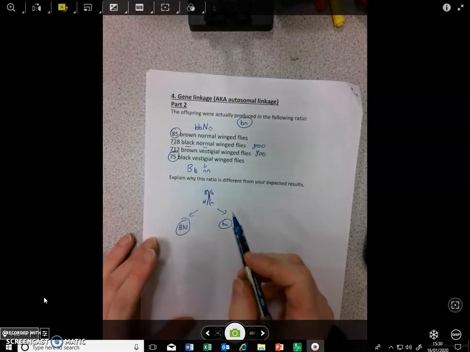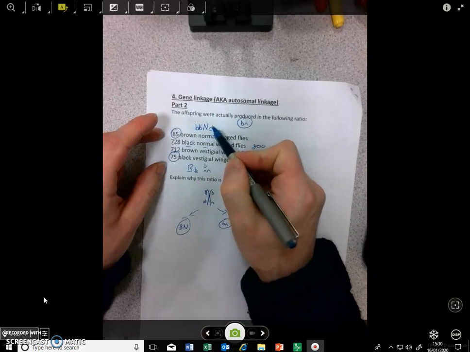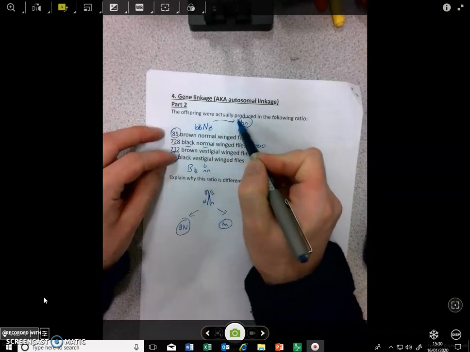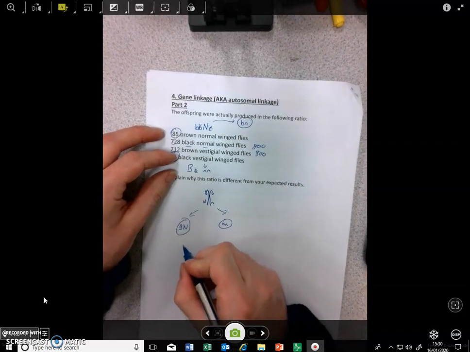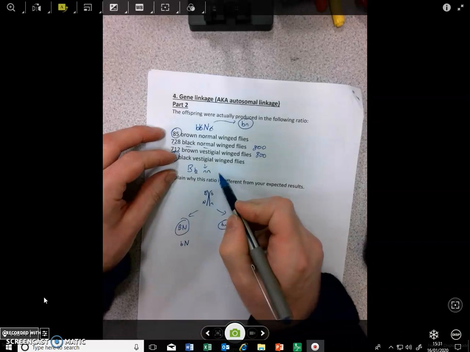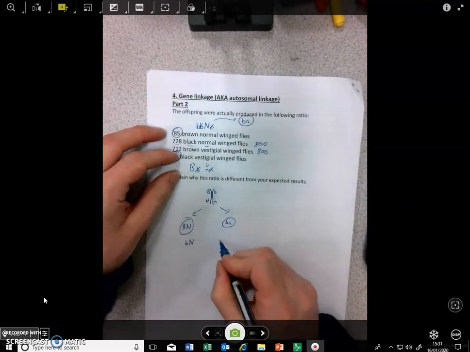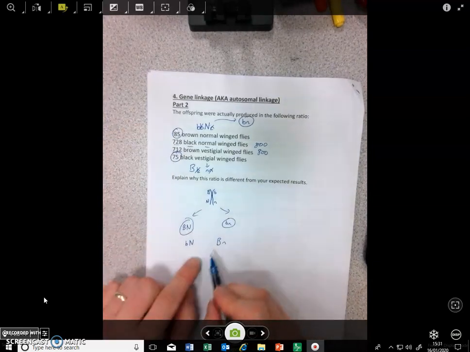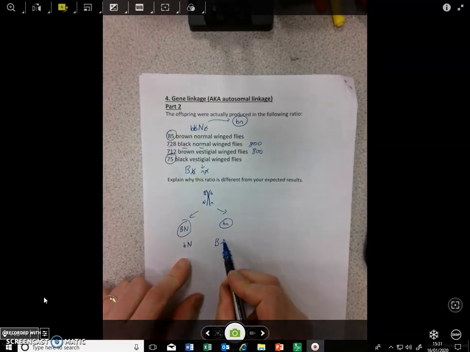But actually what we've established, if this allele and this allele came from that gamete, we must have had a lowercase b capital N. So we need a lowercase b capital N. And if those ones were from this gamete, we must have had a capital B lowercase n. We must have produced gametes in these arrangements with these alleles in.